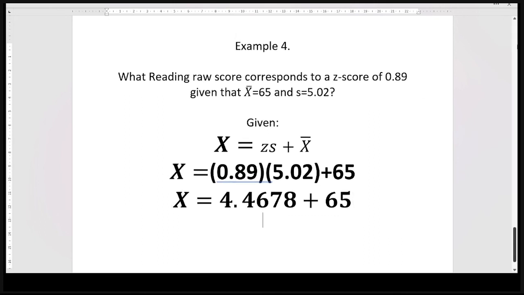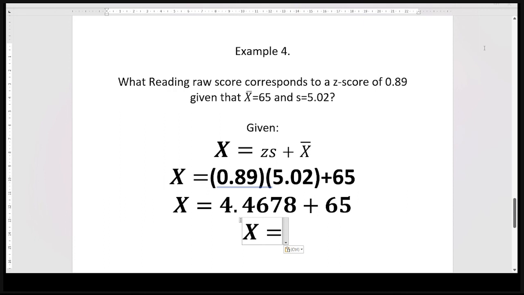And this is equal to 69.47 to two decimal places.